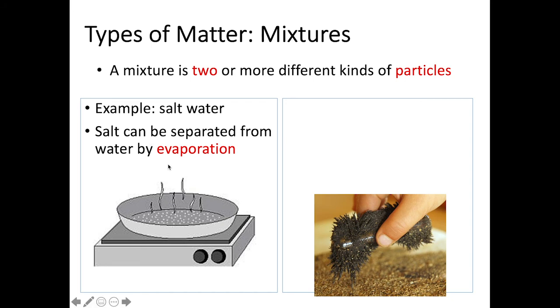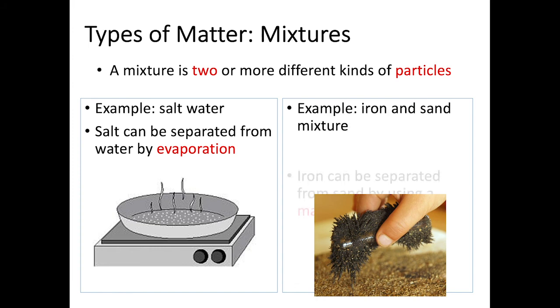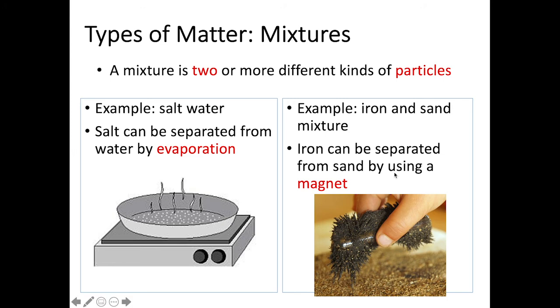That's not a chemical reaction, that's a physical change, right? If I evaporated that water, so I heated it up and the steam started coming off, I'd be left with a pan that had a bunch of white stuff at the bottom of it. That would be my salt. If I mixed a bunch of pieces of iron into sand, I could take it out with a magnet. So in an iron and sand mixture, iron can be separated from sand by using a magnet.